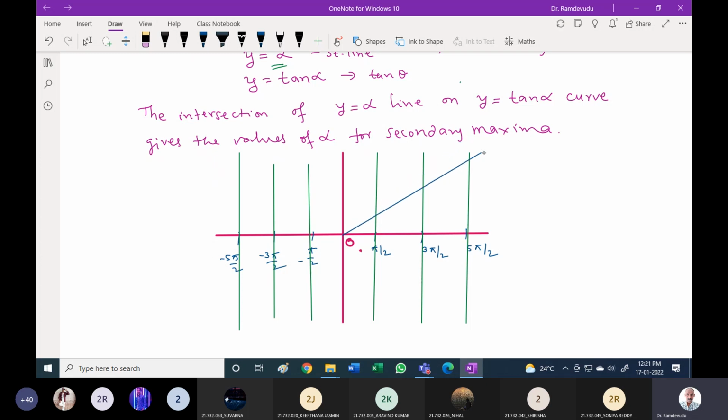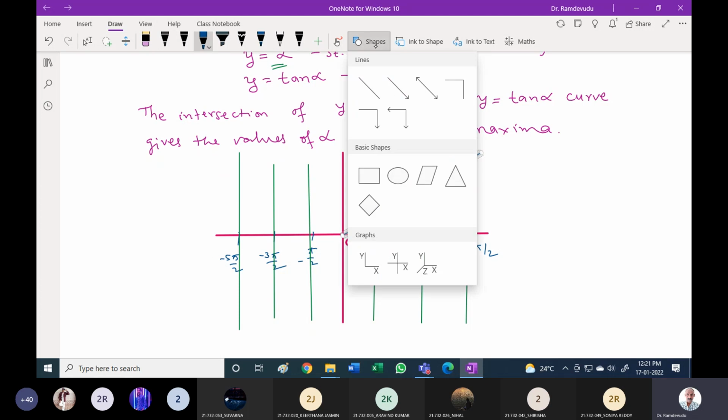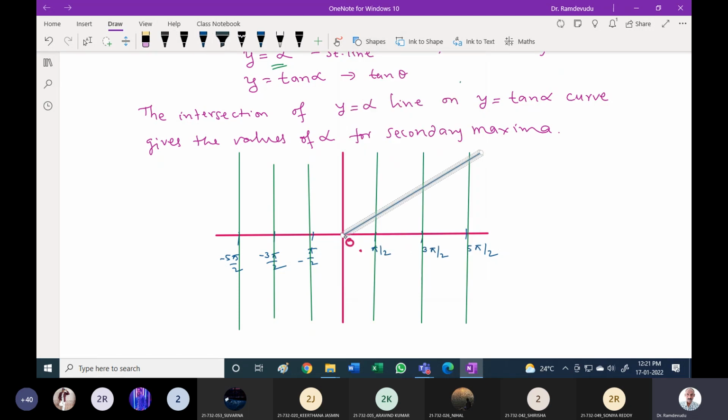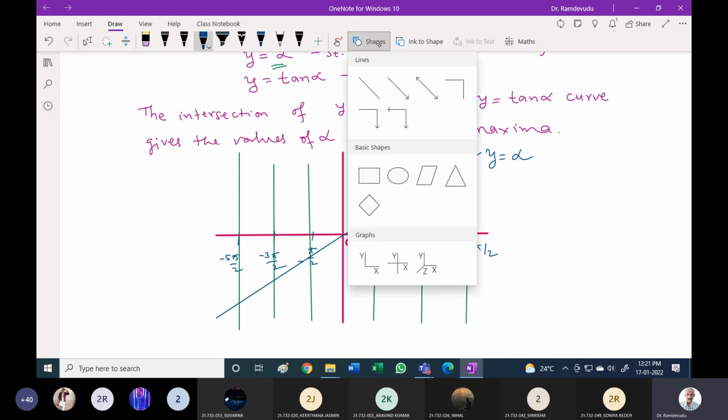I will extend this in this direction also. This is a straight line passing through origin, which is the y equals alpha line. Now I have to draw tan alpha, and you know the tan alpha curve.